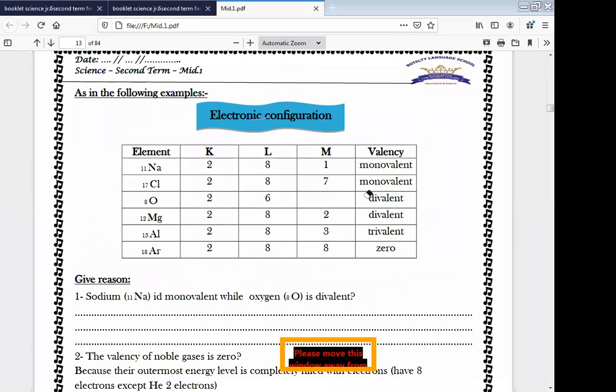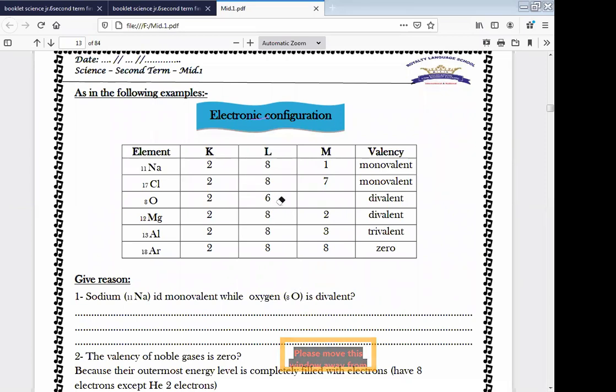Okay. Give reason: sodium Na 11 is monovalent, while oxygen is divalent. We will do the electronic configuration for sodium, 2, 8, 1, then for oxygen, 2, 6. Then I will say that sodium is monovalent because it contains 1 electron in the outermost energy level, so it loses this one, so it's monovalent. But oxygen contains 6 electrons, so it gains 2 electrons, so it's divalent.